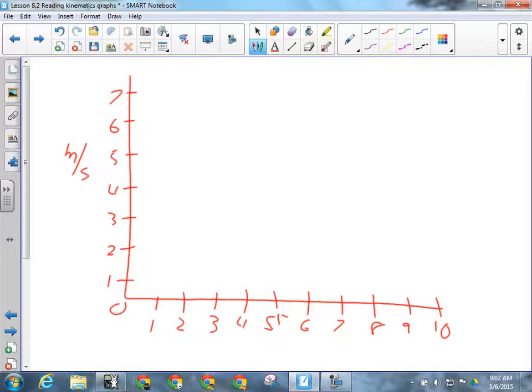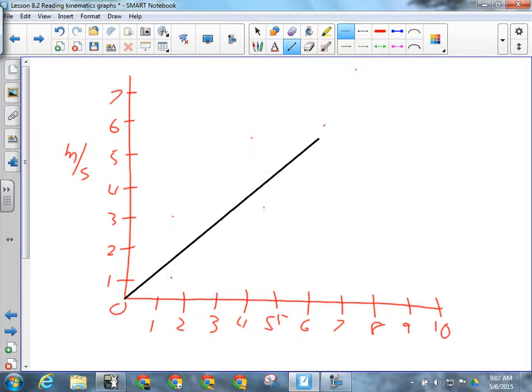Let's say that I've got points that look like that, and I draw my best fit line through those points.